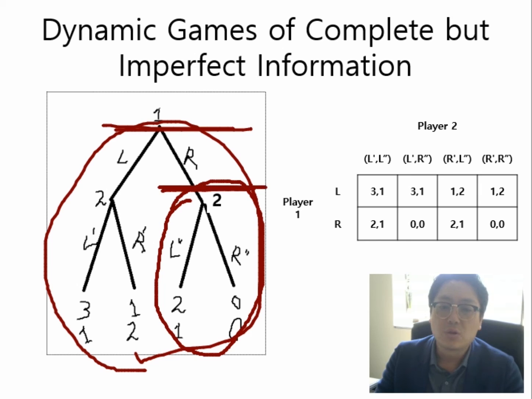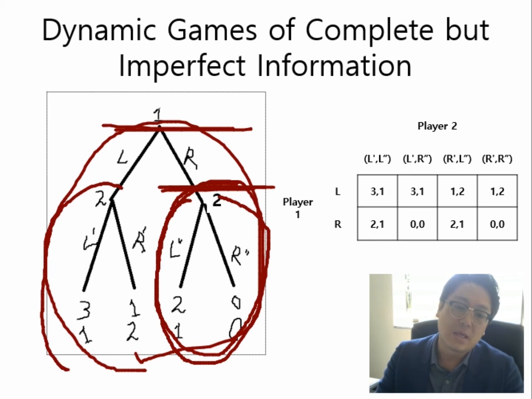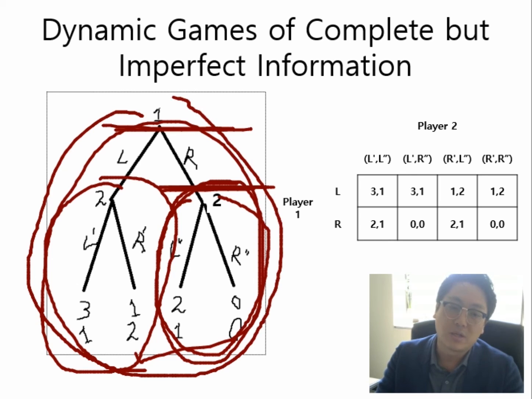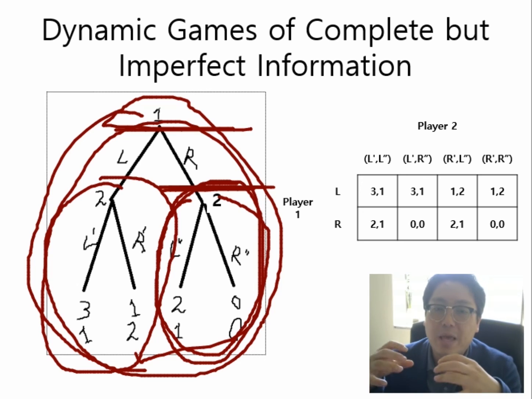Also, we need to check whether players are playing a reasonable strategy, or in other words, we need to check that the strategy is a Nash equilibrium even in this small game, or this one, or this one from the original game. With that criterion, we can narrow down to more credible strategies.